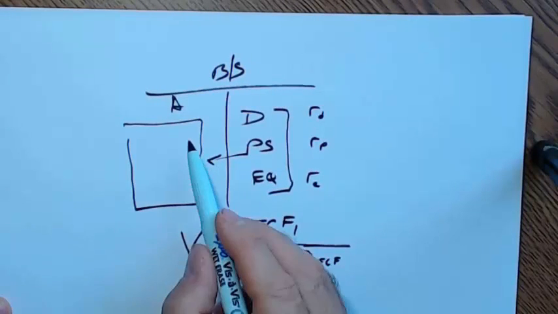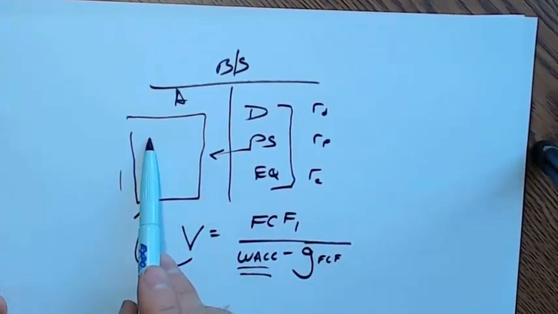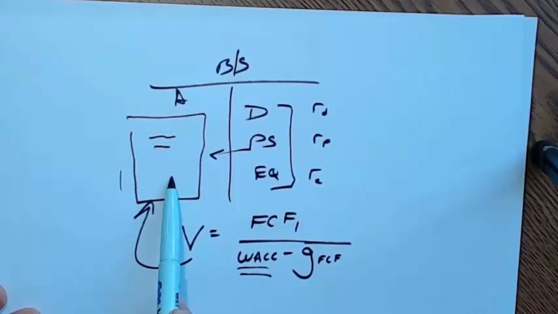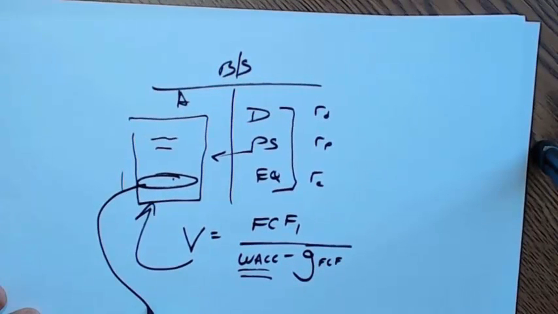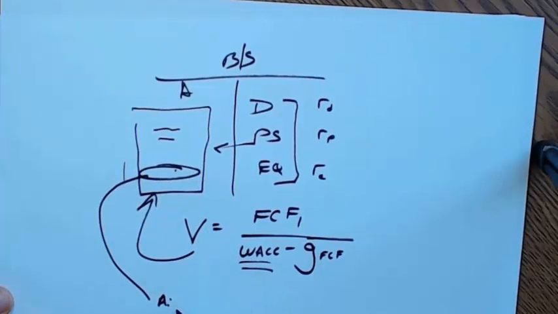So we valued the firm. Remember, the value of the whole firm was valuing this whole side. So we use the weighted average cost of capital here. So if we have the average project, which is what we're going to see in the next chapter, chapter 12, we're going to look at a particular project. We're going to slice out a project that we plan to invest in, say project A, and we're going to look at the risk of A, and we're going to say, what should we discount the cash flows of this project by?